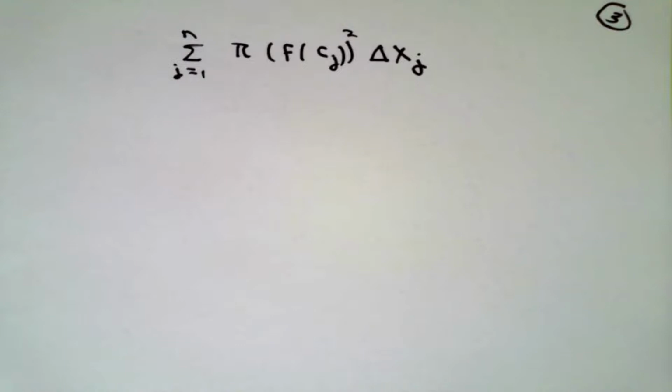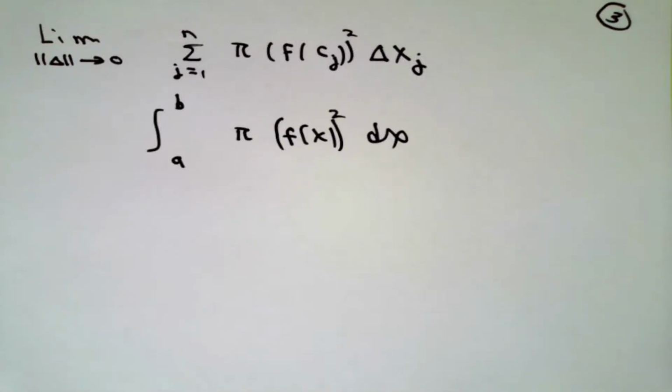To get an approximation to the total volume, I'll add up the volumes of all of those disks, and then to make the approximation perfect, we'll do the usual thing. By now, this should be no shock to us that this is the definition of an integral, so we'll just write it that way. If you compare this against the thing that we found for the area under the curve, you'll see that there is a difference.